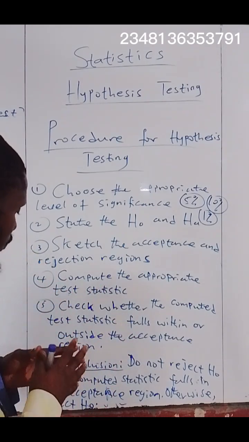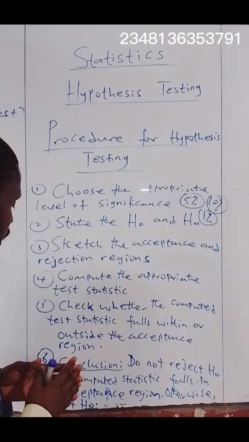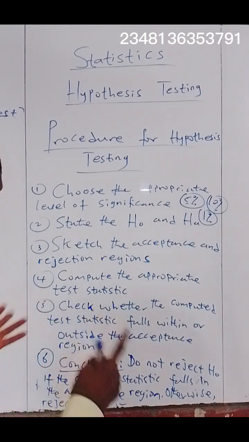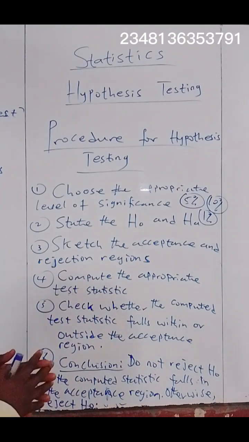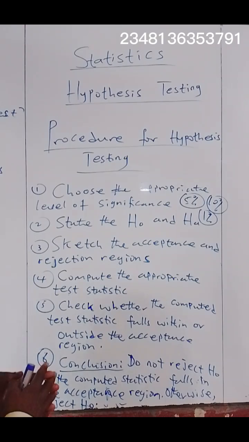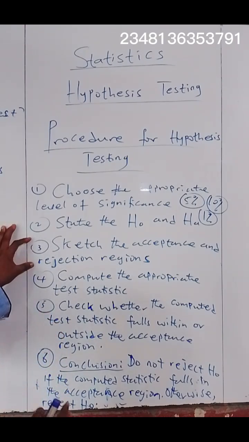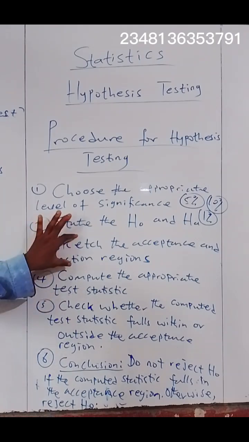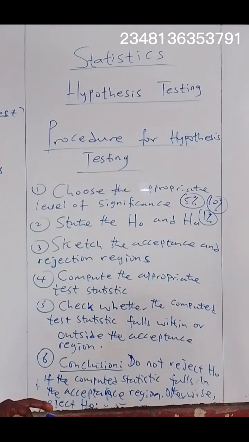If the absolute value of the computed value is either equal to or greater than the table value we have in our sketch, we are going to reject the null hypothesis.